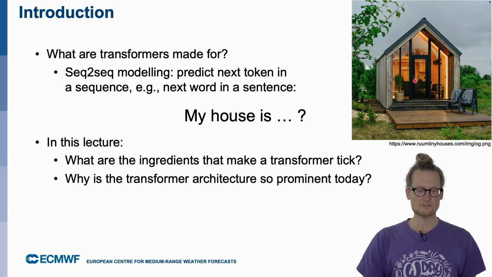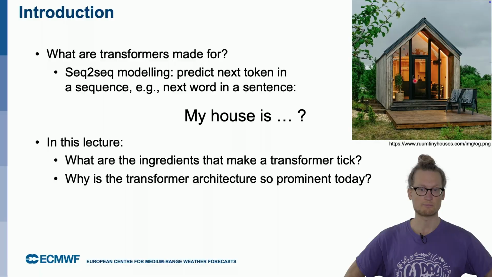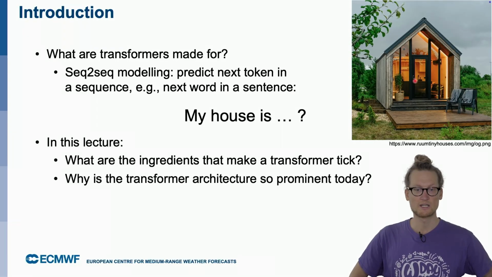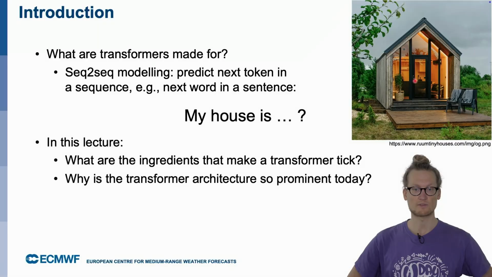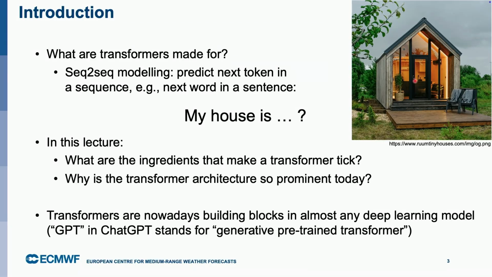In this lecture now, we will have a look at, in particular, what are the ingredients that actually make a transformer a transformer. What are the crucial components that are involved in this architecture? And why is the transformer architecture so prominent nowadays? Why is it part of almost every machine learning model today?